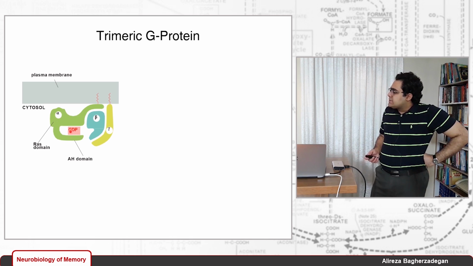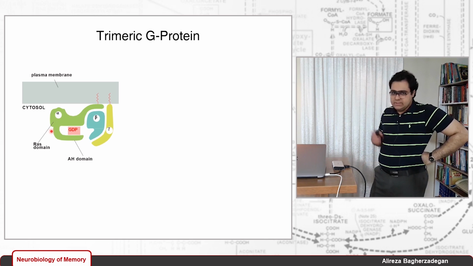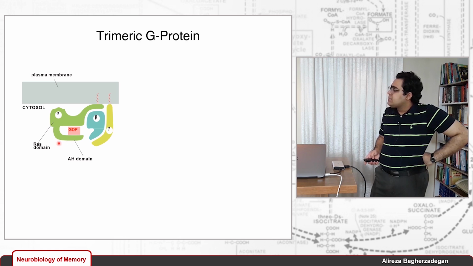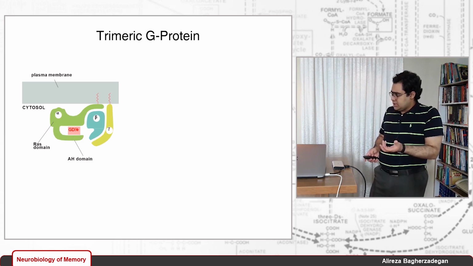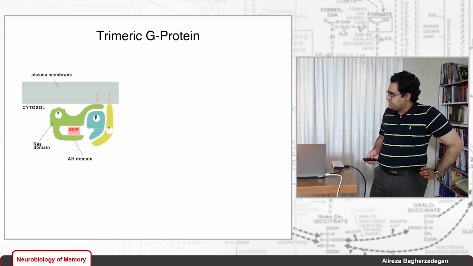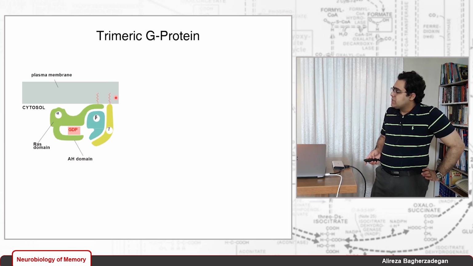It also has a Ras domain related to other Ras or GTPase G proteins. And we have an alpha helical domain or AH domain which clamps the nucleotide in the nucleotide binding pocket. You can see that only alpha and gamma, not beta, are covalently bound to these lipids, and these lipids help them to attach to the plasma membrane.